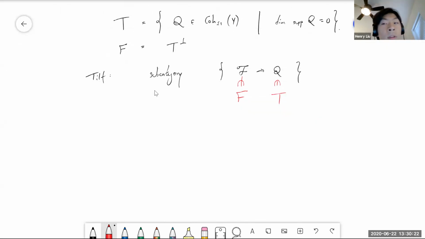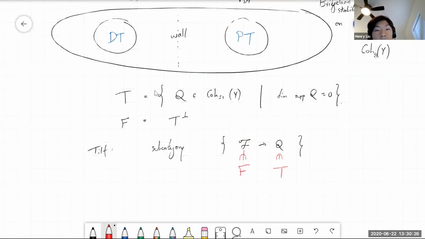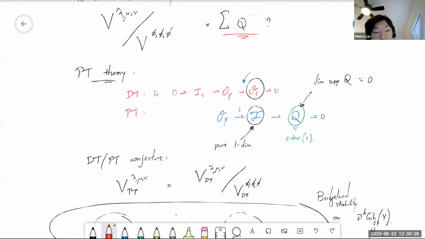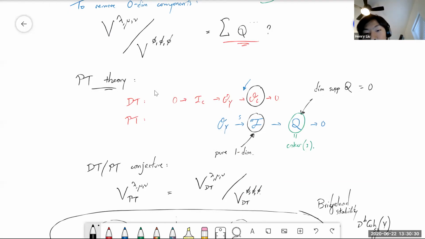Okay. So, right, I should say, these pairs, F and Q, these are called stable pairs. Okay. Well, that explains half of my title.